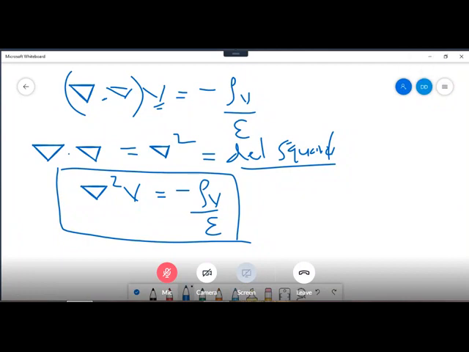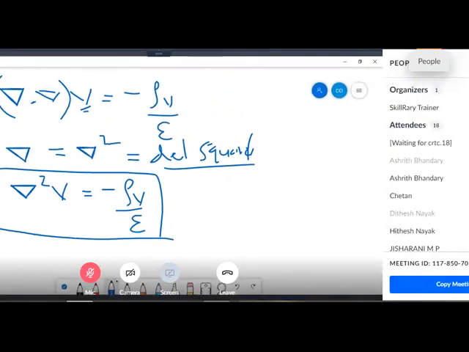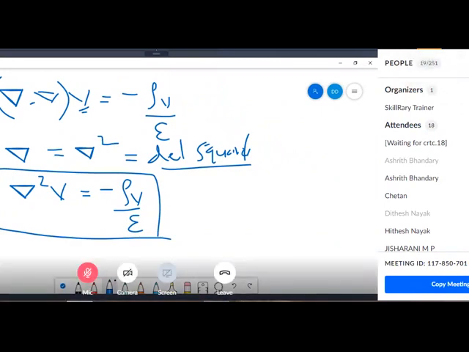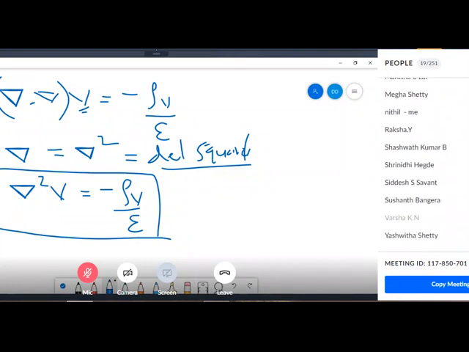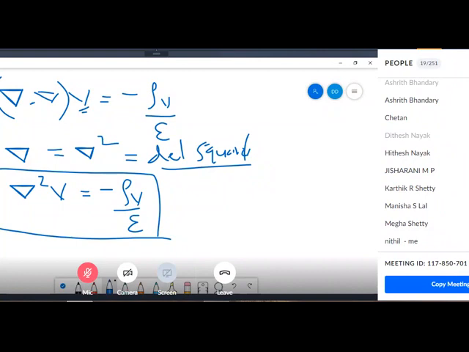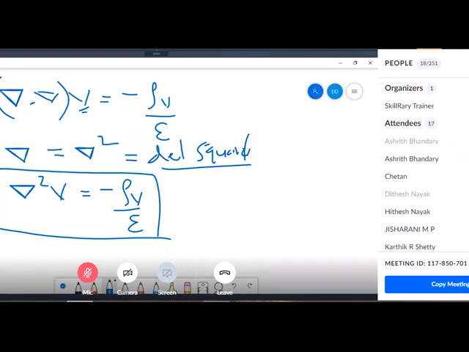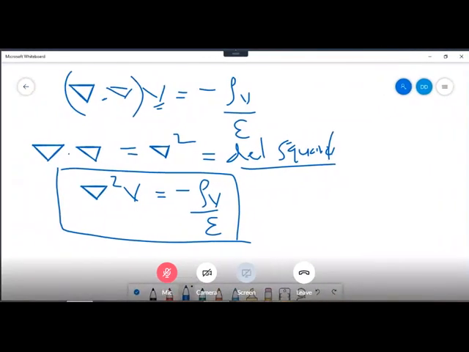I'll continue. At the beginning, before starting this derivation, I told you that Laplace and Poisson's equations are not applicable for the entire region. We will not be concentrating on the entire region. In most practical cases, we consider a small region, a small line or small area, and in a small region the volume charge density may be 0.